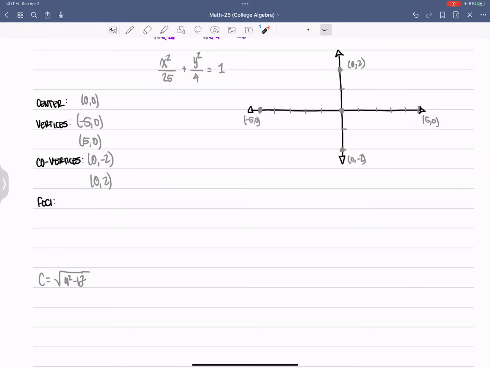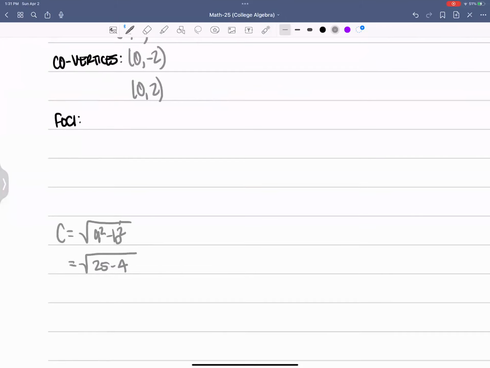If you really want to, you could write 5 squared in here, but it's a little less work to take those as is. So 25 minus b squared, which is 4. And there we go: the square root of 21. 21 doesn't simplify at all, so we just leave it as is.